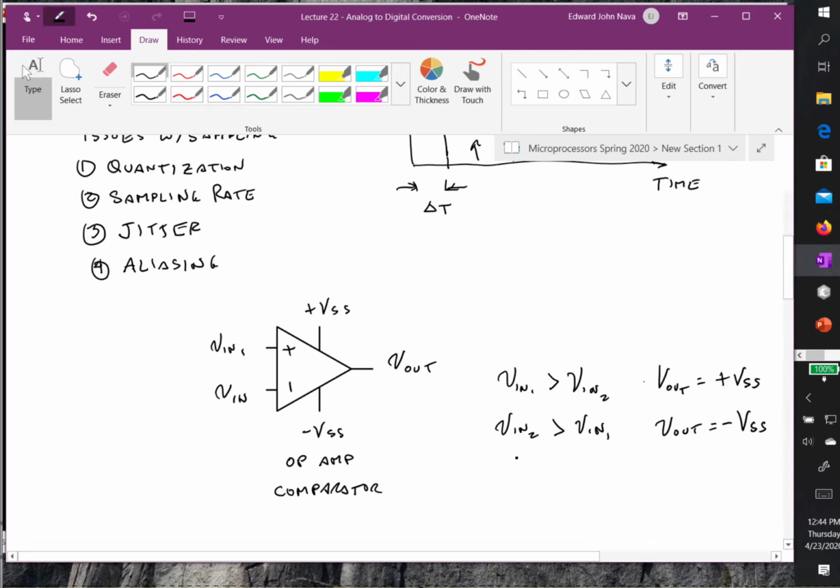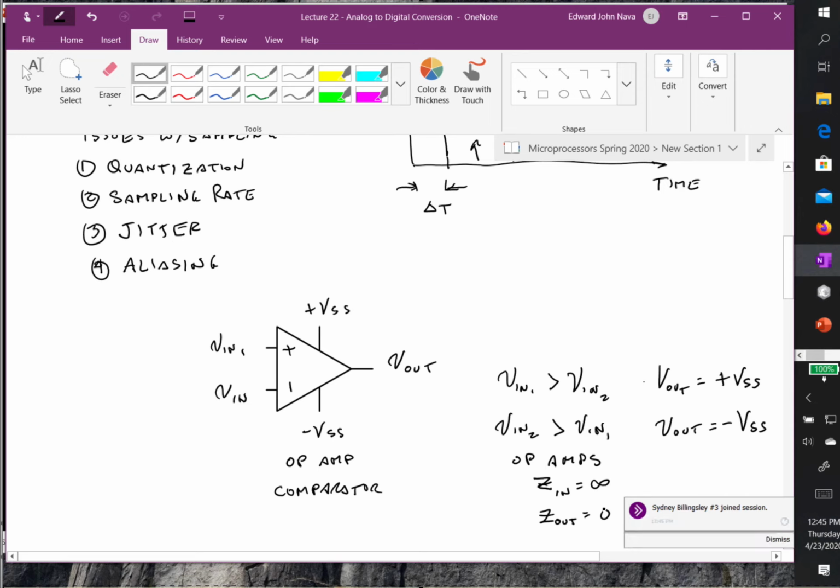Okay, I'm going to abbreviate it: Zin is equal to infinity. Other characteristics: zero output impedance, so Z out is equal to 0. No current flow on the input gates. Well, that has to do with infinite input impedance.